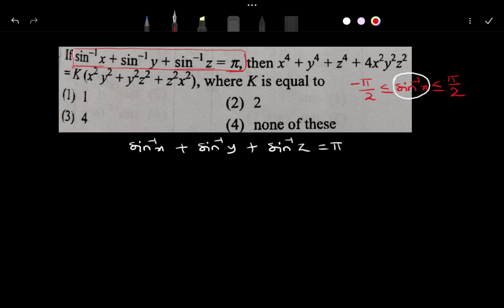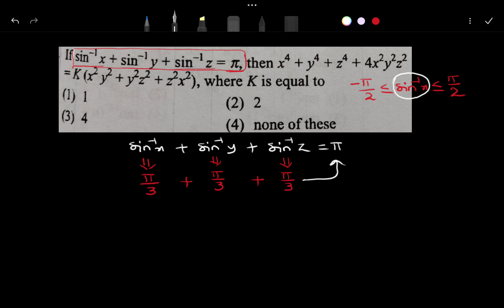Now in this I will consider that every angle should be equal to 60 degrees. So this one will be pi by 3, this one also pi by 3, and sin inverse of z also pi by 3. Now you can check that by adding these 3, this result will be equal to the RHS. So this value will be equal to pi.